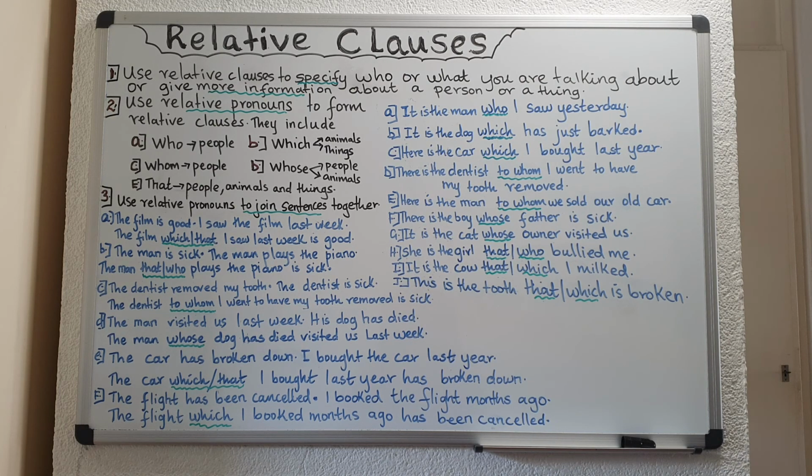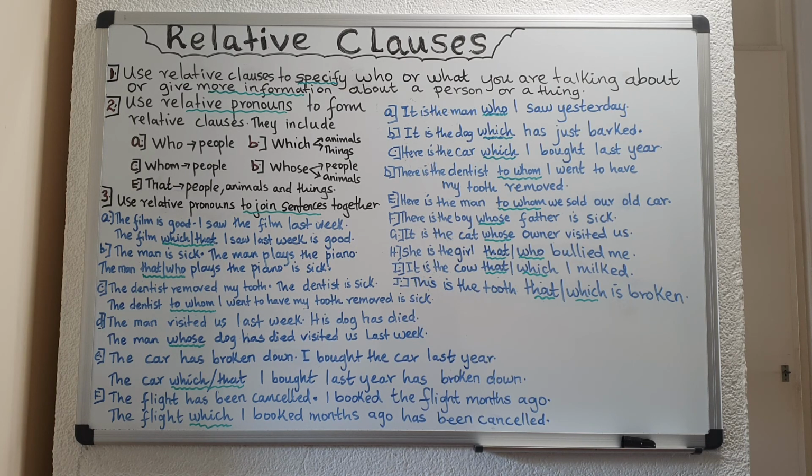So you see, all those sentences that I have read are relative clauses that are giving us specific information about who or what we are talking about, okay? And they're also giving us more information about the person or the thing that we are talking about.